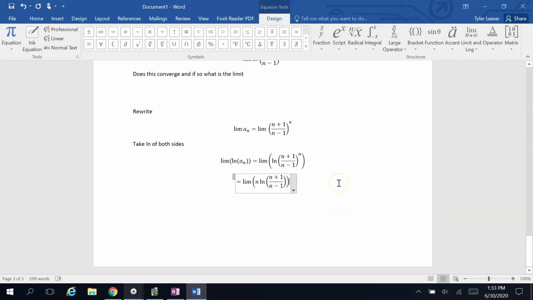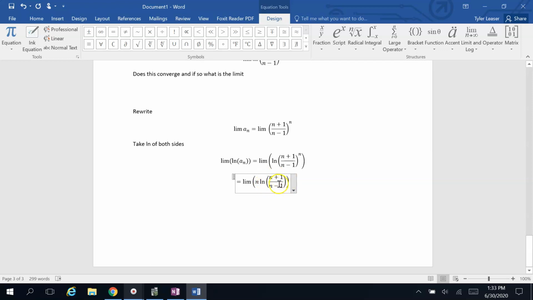Okay, cool. The next part that we're going to do is another L'Hopital's rule thing. We have n plus 1 over n minus 1, and it would be very nice if I can figure out what the limit of the inside of that is. Another part of it is that we have this n at the top. The stuff on the inside, n plus 1 over n minus 1, converges to 1.